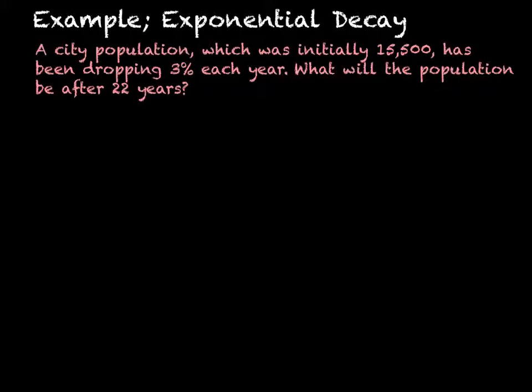Okay, so for an example here, a city population which was initially 15,500 has been dropping at a rate of 3% each year. What will the population be after 22 years? So again, we're always going to start with our formula. A(t) = a(1 - r)^t. Put in what I know.